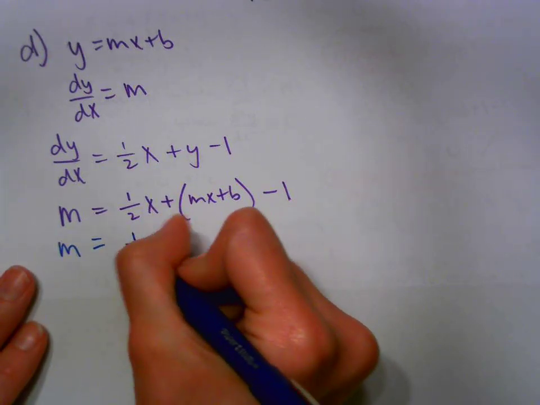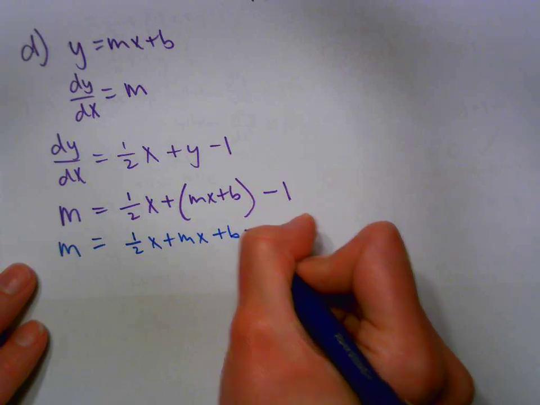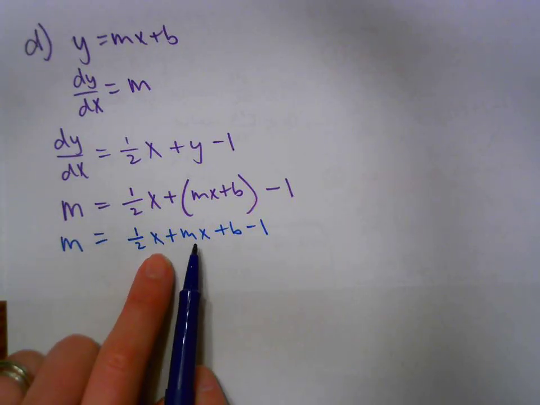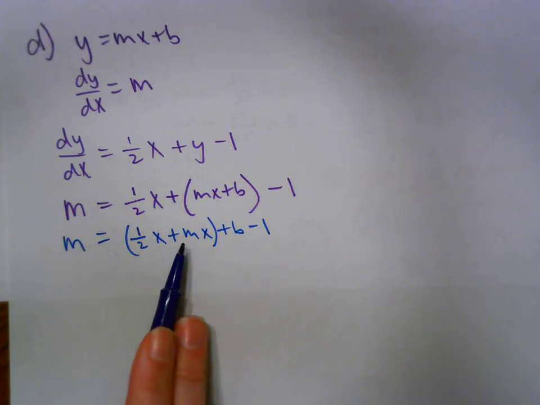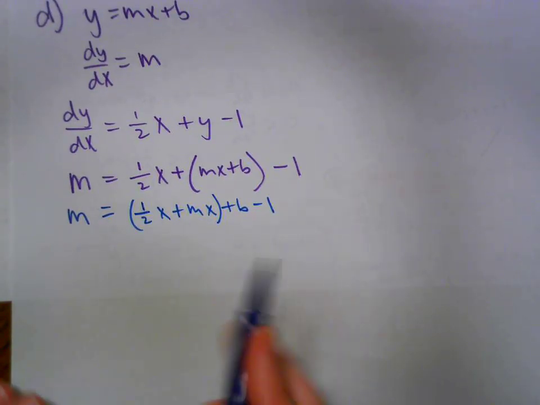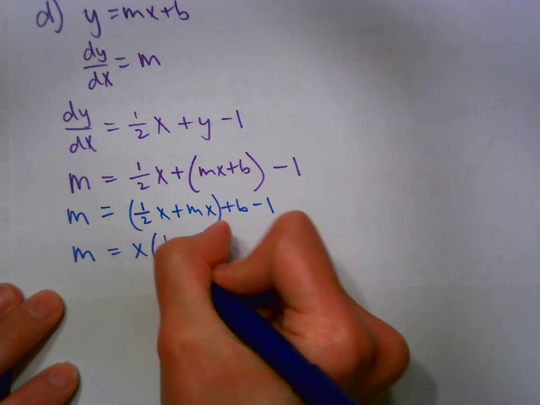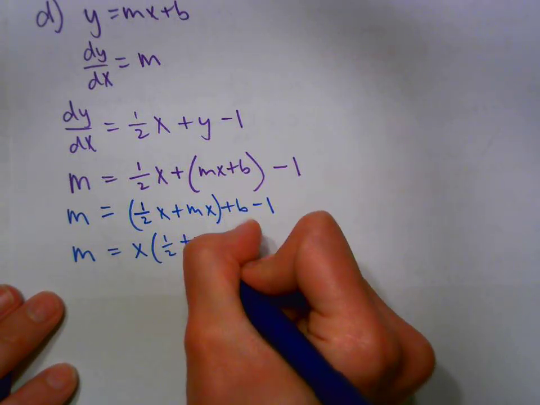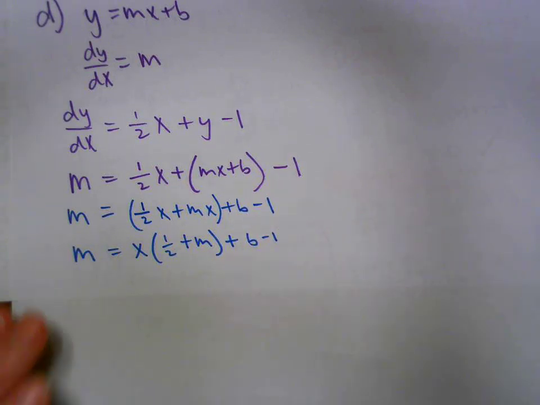So I would drop those parentheses and see what you've got better. And then what I see here is that these both have x, right? So you could factor out an x of just these first two terms. So that becomes m equals x times 1/2 plus m, and then you have plus b minus 1.